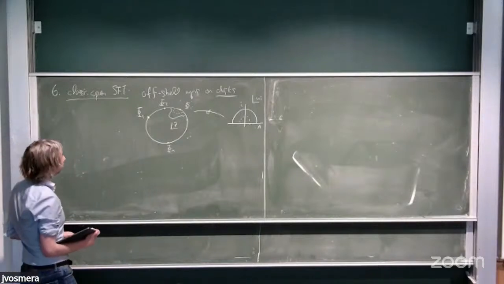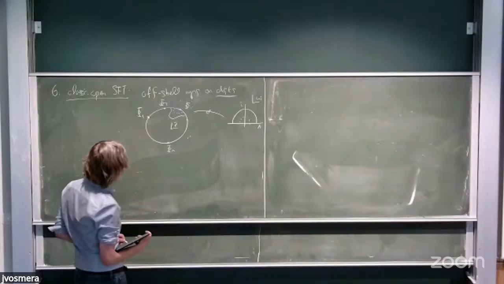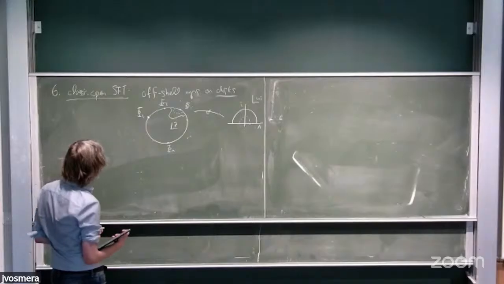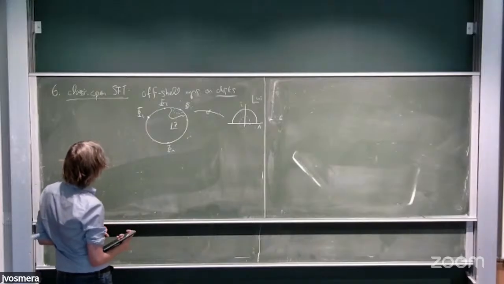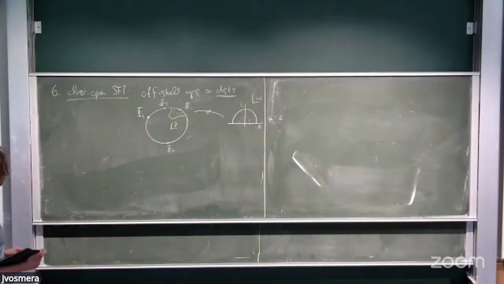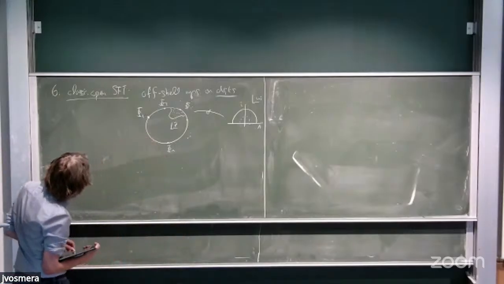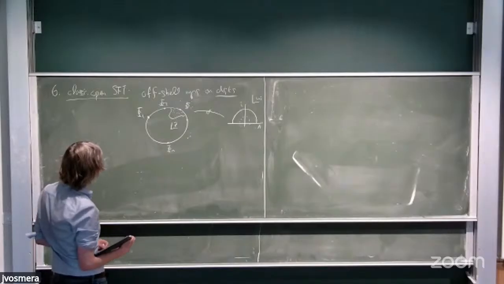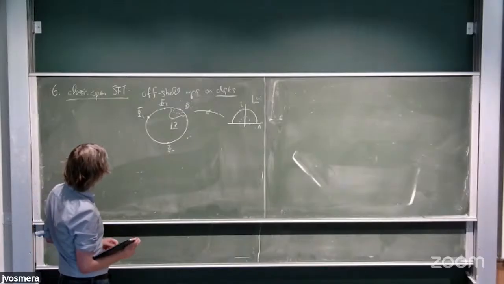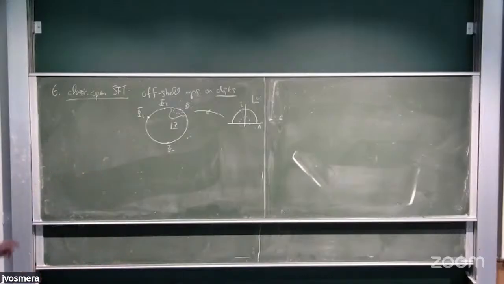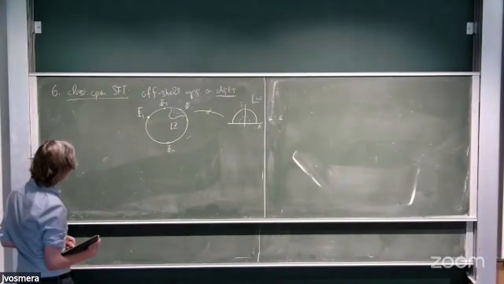Now, why I'm drawing this picture is mainly to emphasize one fact. While I had a total graded symmetry requirement for the closed string off-shell amplitudes, here, of course, I cannot use global conformal transformations to completely permute these boundary insertions.